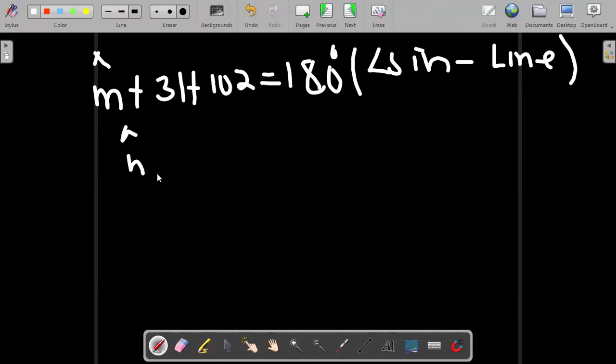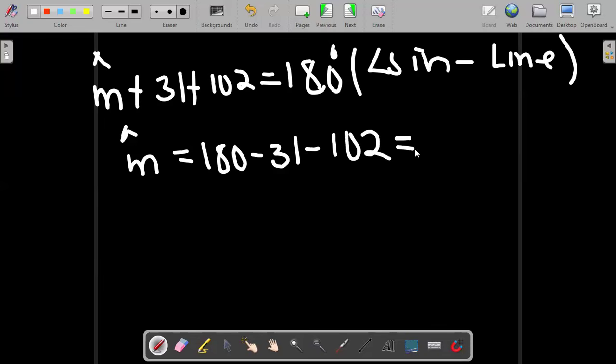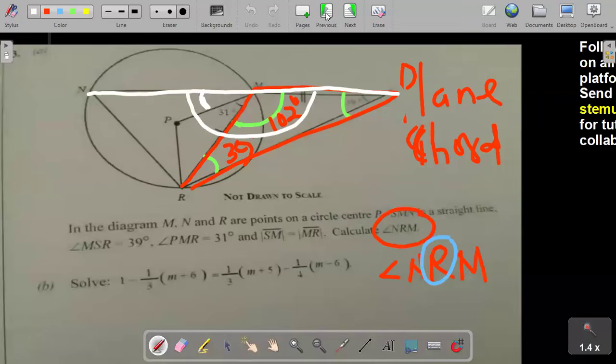So angle M now will give me 180 minus 31 minus 102. So let's subtract it. 180 minus 102 minus 31 will give us 47 degrees. So this small angle here now is 47 degrees.